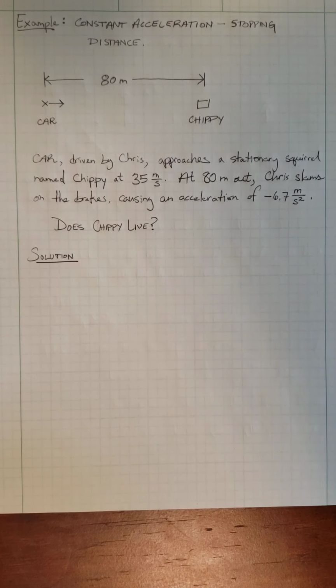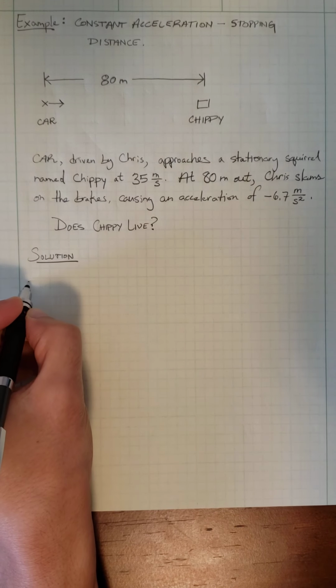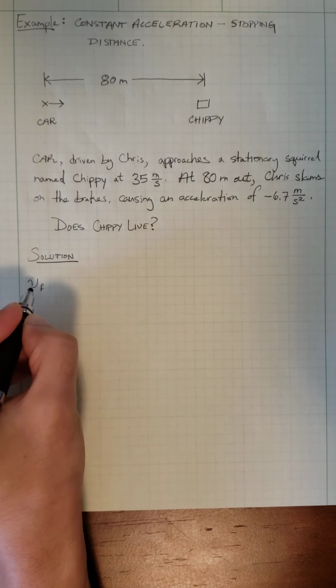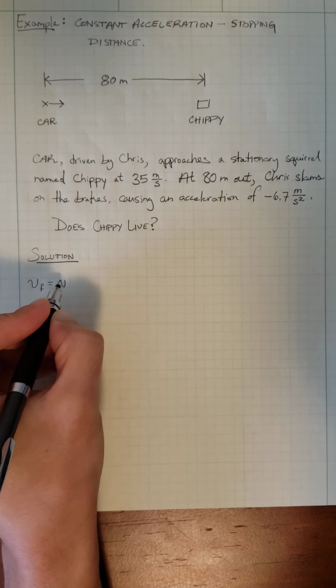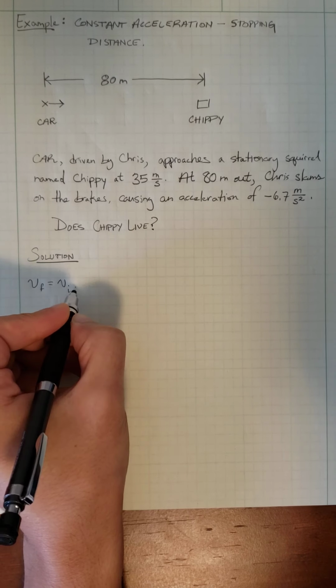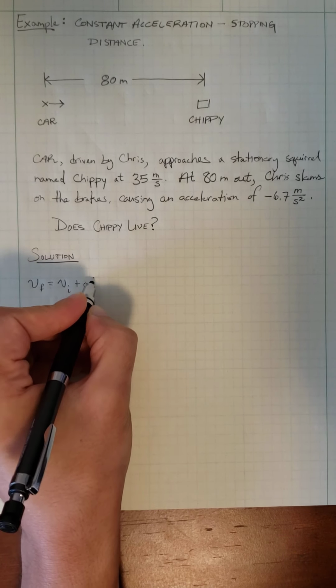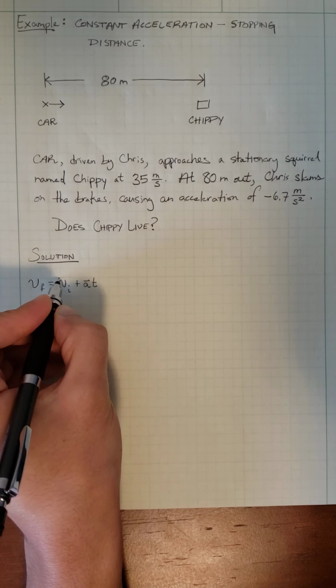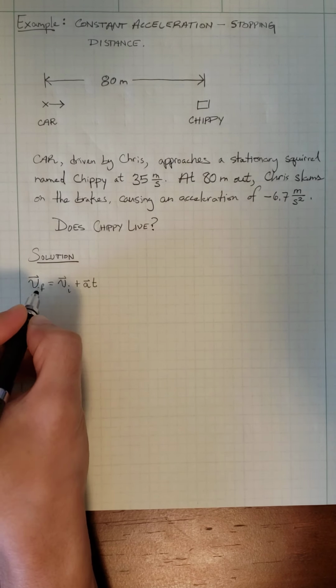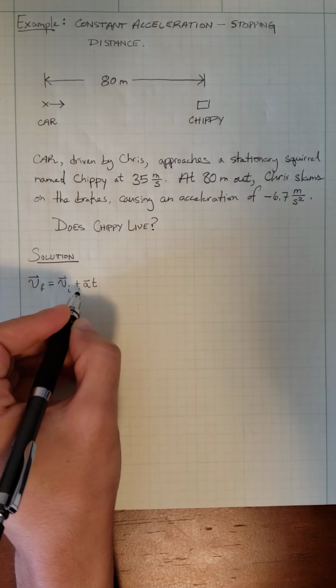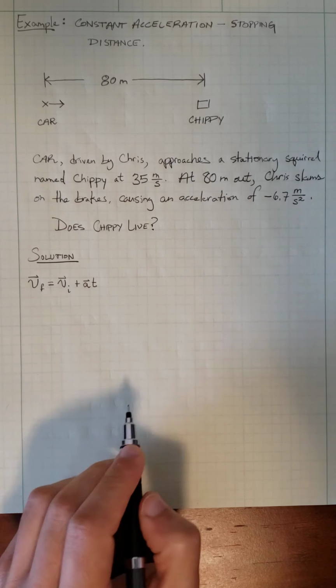The good news is that we really only have two tools for dealing with this type of motion, and we can write them down. We have that the final velocity is equal to initial velocity plus acceleration times time.